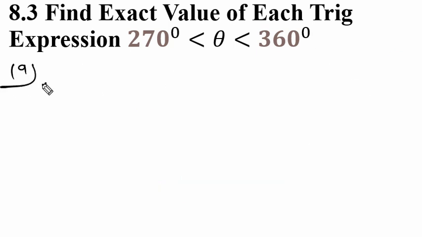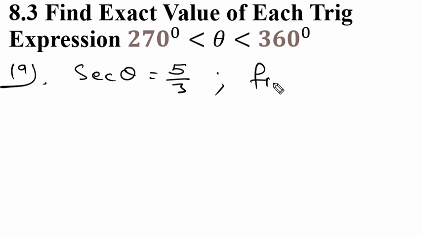Next question. If secant theta is given as 5 over 3, find cos theta. Do I have any relation between secant and cos?